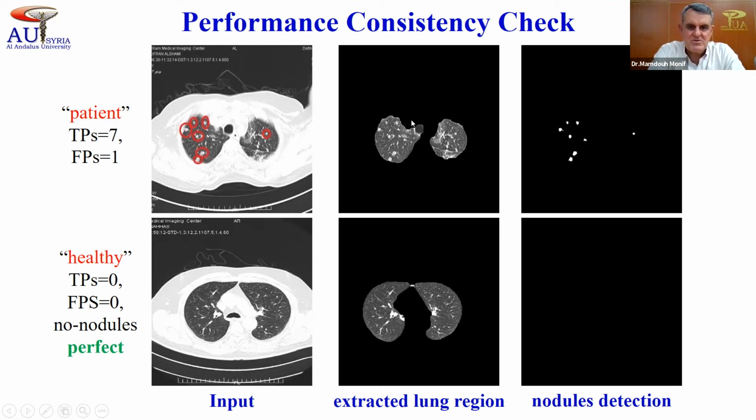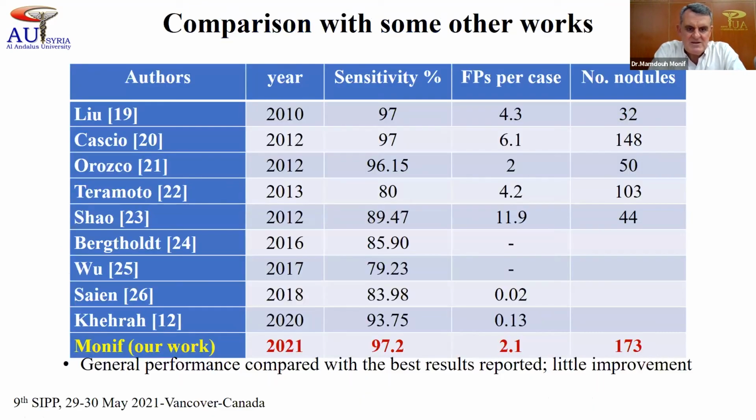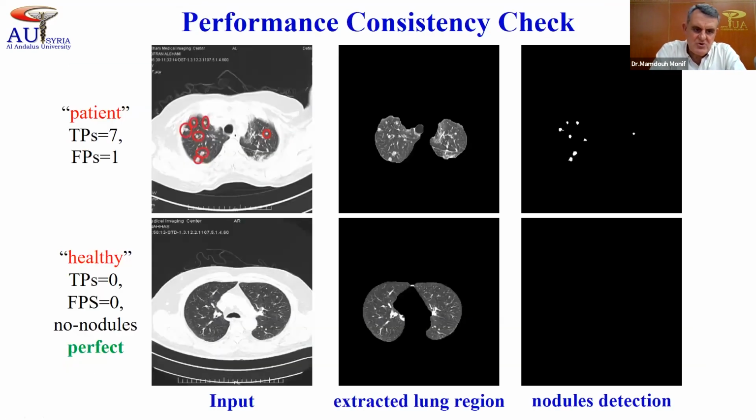This point was diagnosed as a cancer nodule, but in truth it is not a cancer nodule. In the second row, we can see the image of a healthy person where true positive is 0 and false positive is 0. That means no nodules, and the detection was perfect. As we see in the last image here, no nodules were detected in the whole image.